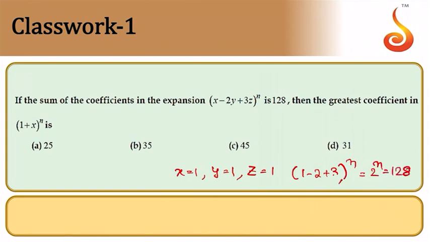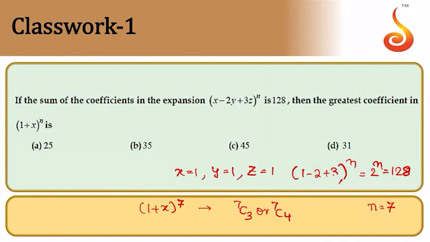We get 1 minus 2 plus 3 to the power n, which is equal to 2 to the power n, which is 128. So we get n equal to 7. N equal to 7. So greatest coefficient of 1 plus x to the power 7.